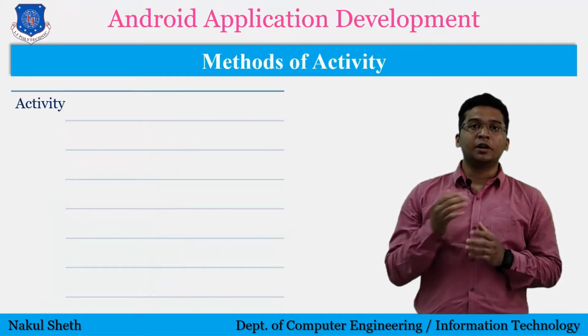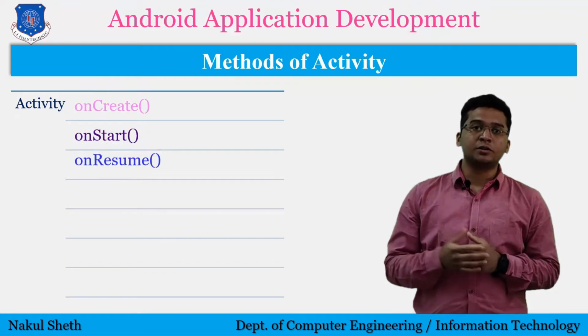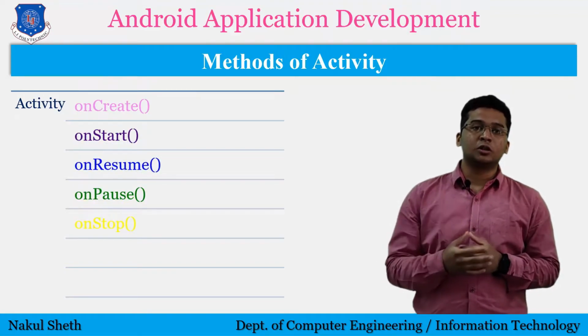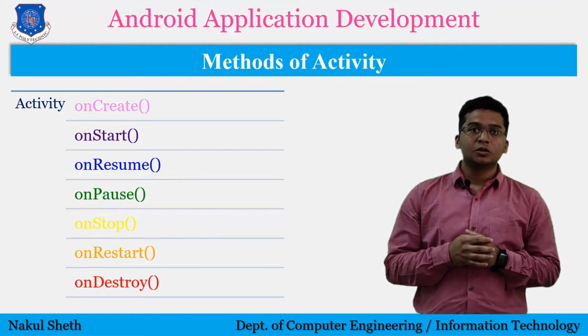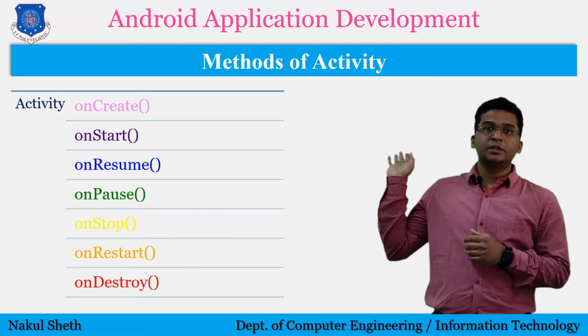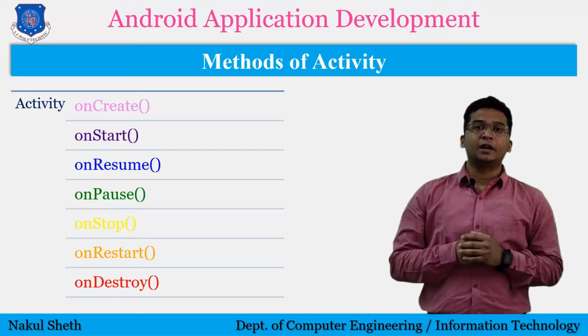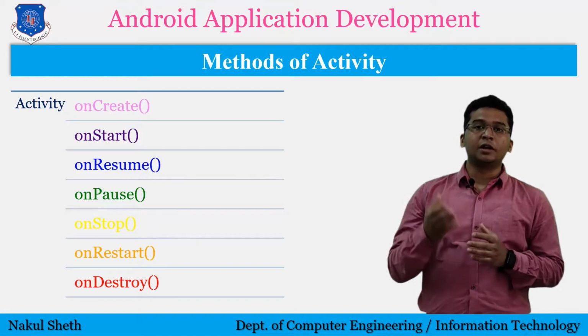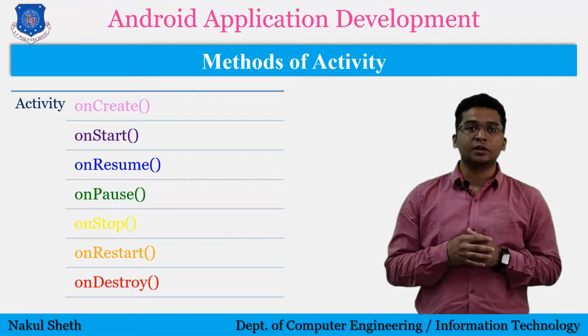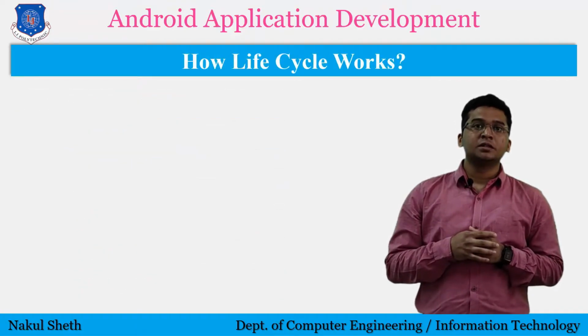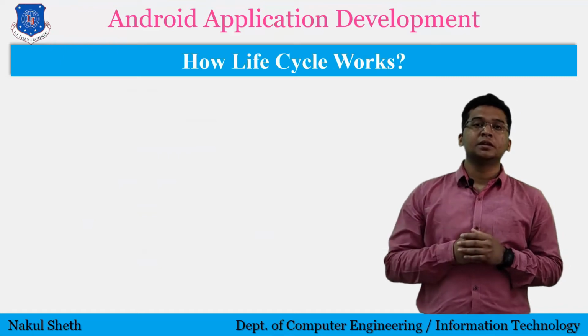Those methods are onCreate, onStart, onResume, onPause, onStop, onRestart, and onDestroy. So, these are the 7 major methods of an activity. Now let us discuss how these methods work.